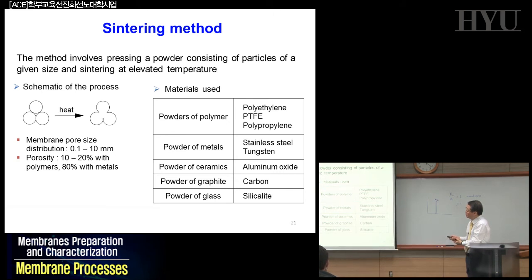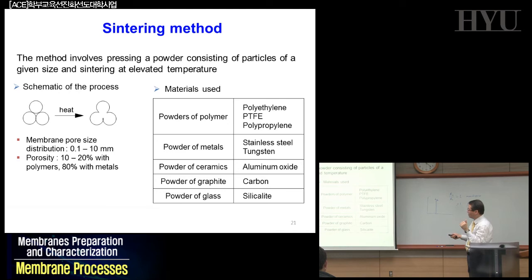Between these agglomerates, you may have a few pores, and through those pores, you can make membranes with pores. For example, if you have a metal powder, then you can make a porous stainless steel membrane, or support.